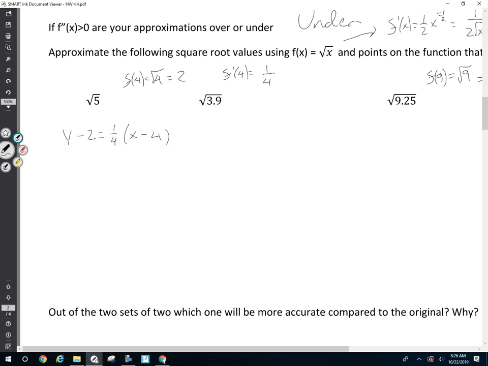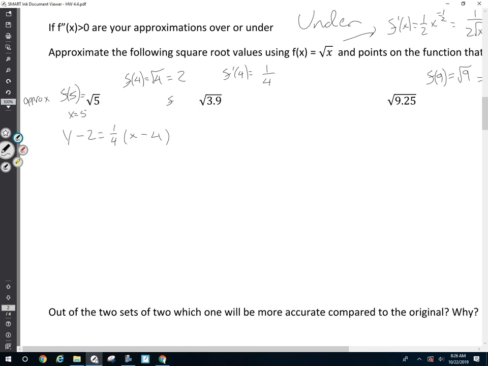Now, this is what's really tricky. People are like, do I plug in root 5? No, you don't plug in root 5. You don't do that. We want to approximate f of 5, which gives us root 5. F of 5 means x equals 5.